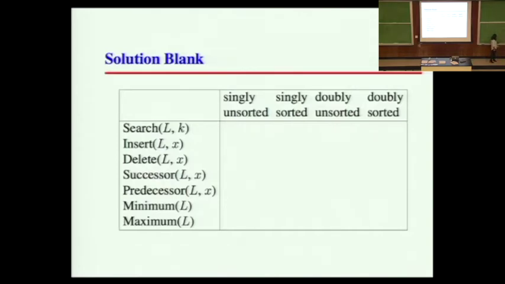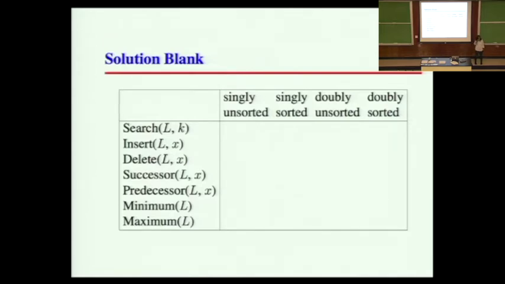What about a doubly linked unsorted list? You have back pointers, and it's unsorted. I ask you to search for a key. O(n). Yes, it doesn't help. The pointers are not the problem. You still have to go element by element and look through the entire list. And it shouldn't be surprising that even though the linked list is sorted and has back pointers, if you're searching for a key, you still have to look at everything.